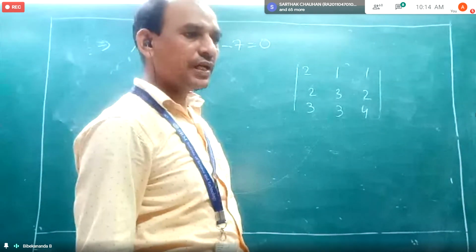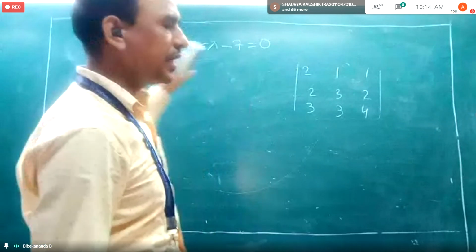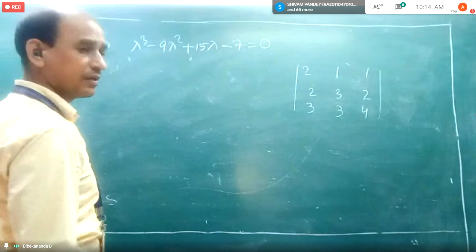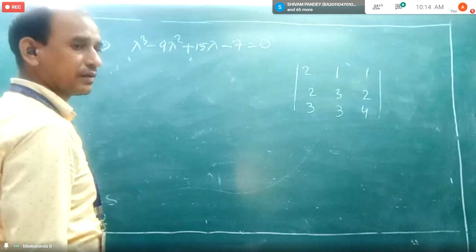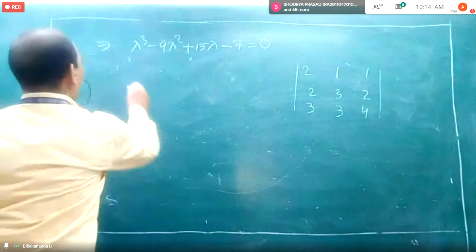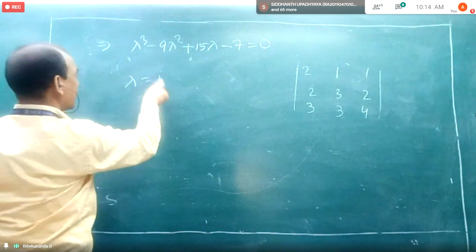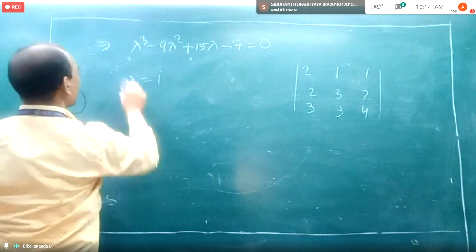So lambda equal to 1 is a root. So lambda minus 1 will be the factor. So we will arrange it to find lambda minus 1.